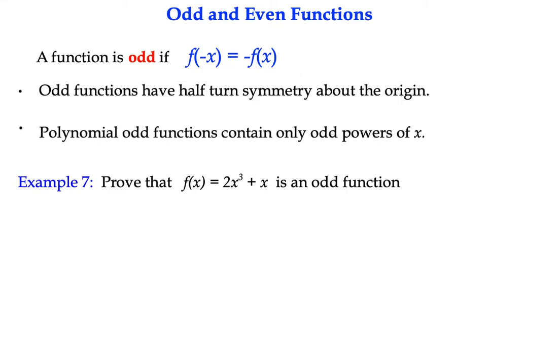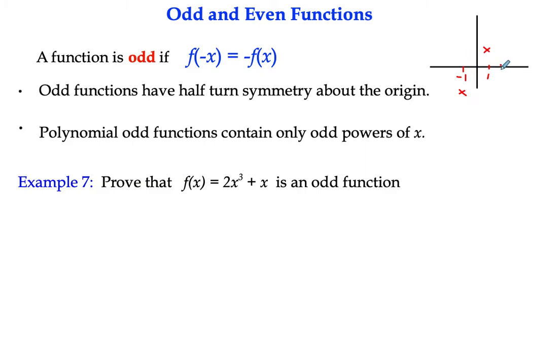And if we were to think about that in graphical terms, if I were to consider points on a graph, say I've got a function, if I were to consider x equals 1 and I've got a certain y coordinate, then if I put negative 1 in, I would expect to get the same distance from the x-axis but in the opposite direction, the negative of that function.